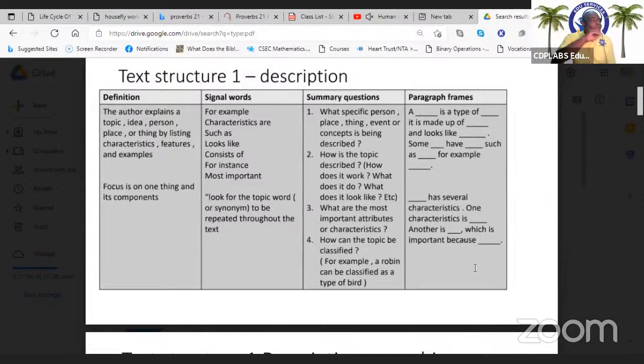For example, a rodent is a type of vector. It is made up of, or it carries, leptospira bacteria. You see?